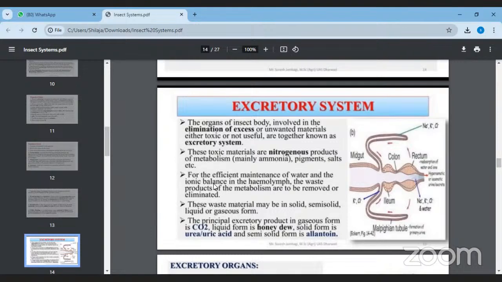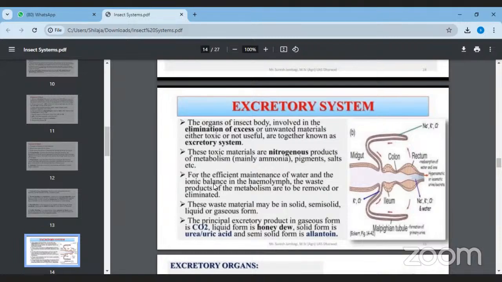The main thing we want to say is that the water content consumed by the insect is very little. Whatever seed or food it takes in, the water present in it is utilized, and even during excretion the rectal papillae in the digestive system try to reabsorb the water present in the nitrogenous waste.